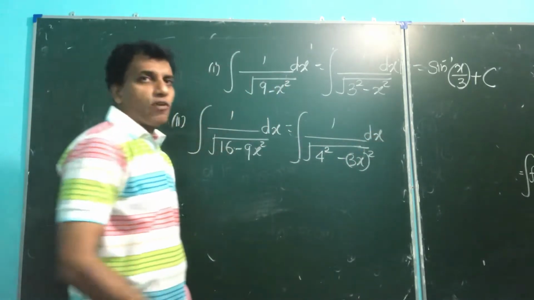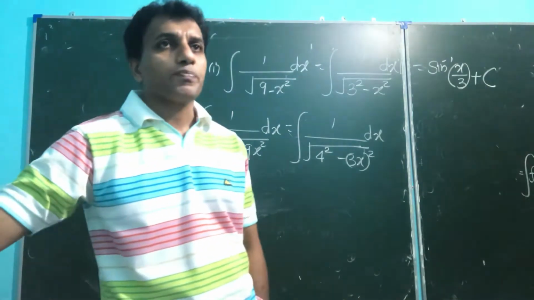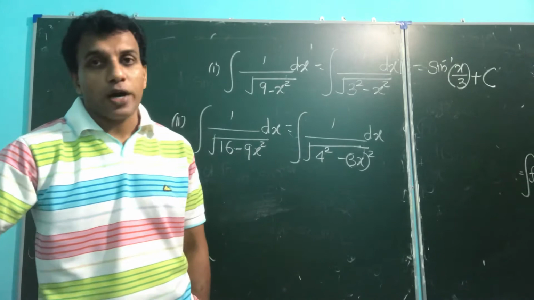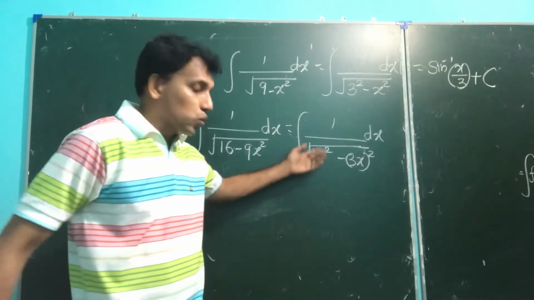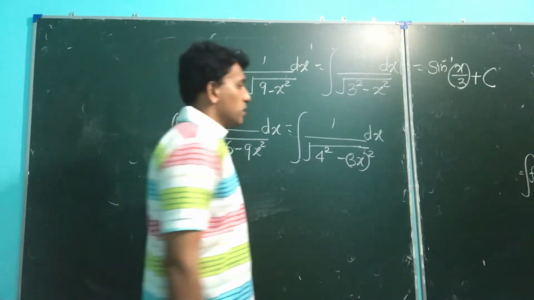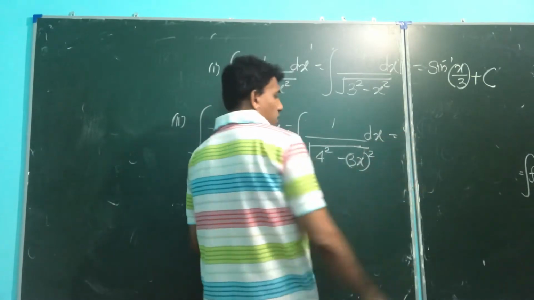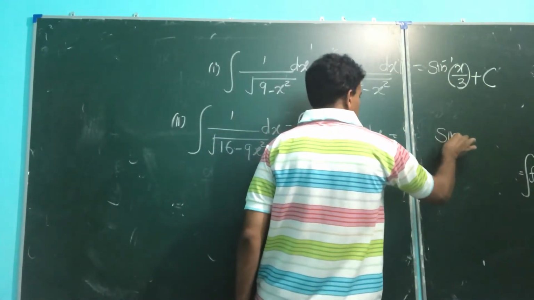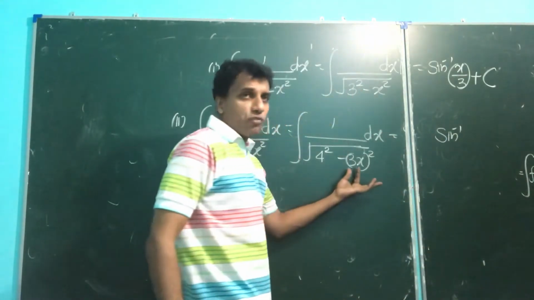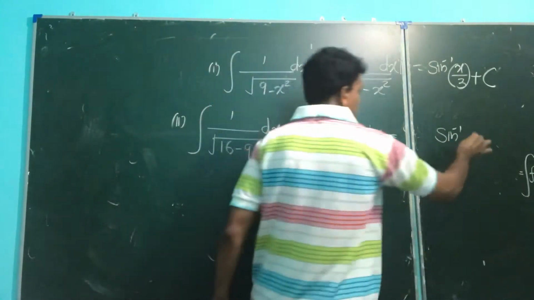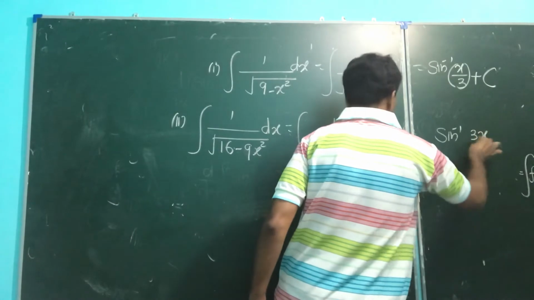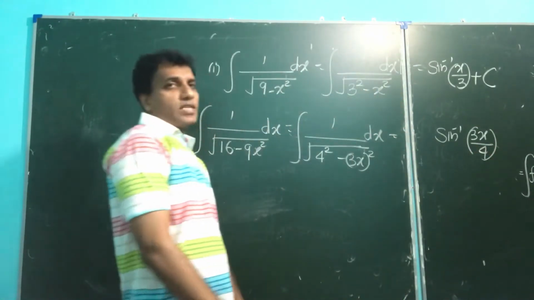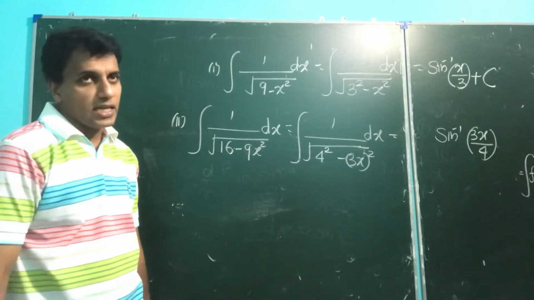This is the standard form of 1 over square root of a square minus x square. So what is the answer? Sine inverse, with x replaced by 3x, over a. Is it plus c?